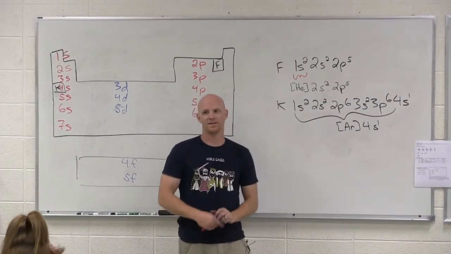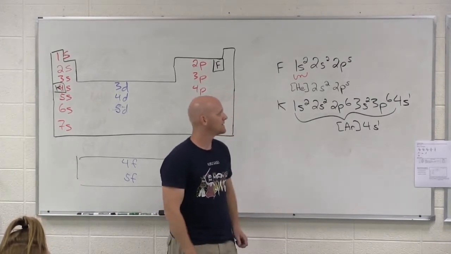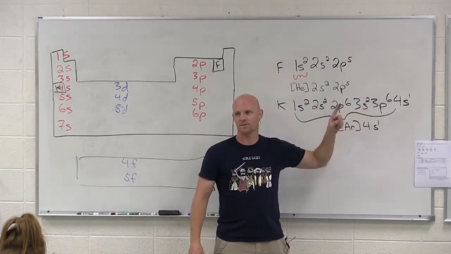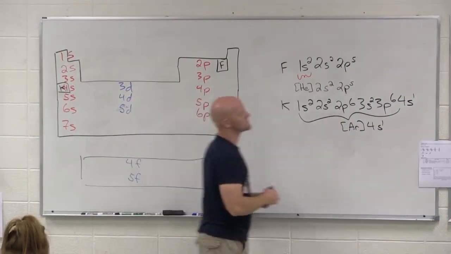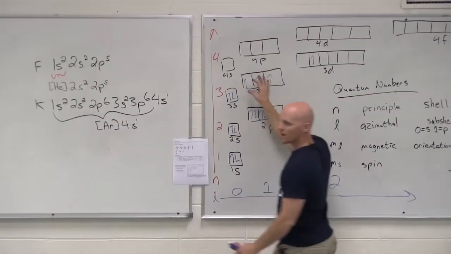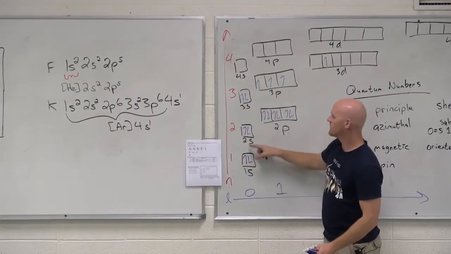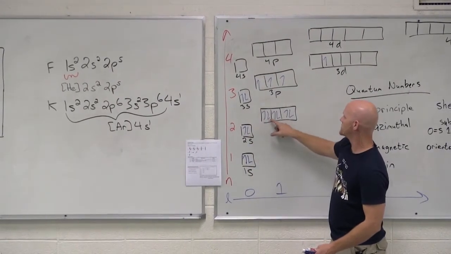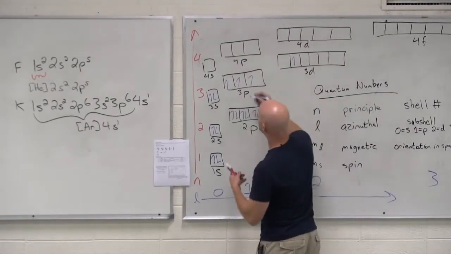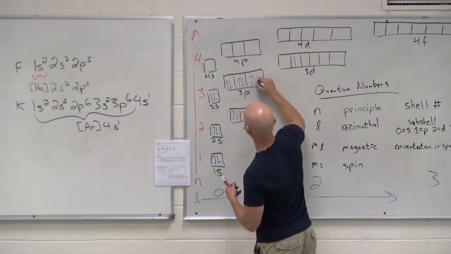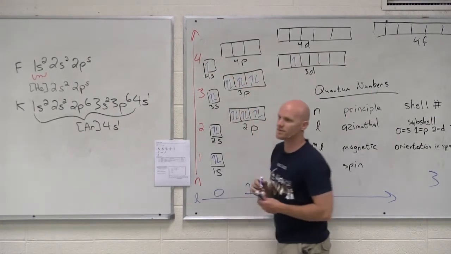Oh, for the 3p's? Cool. So for the 3p's, represented right here. First of all, if we did it here, you'd have an easier time, right? 1s2, 2s2, 2p, 1, 2, 3, 4, 5, 6, 3s2, 3p, 1, 2, 3, 4, 5, 6, and then 4s1 for potassium.